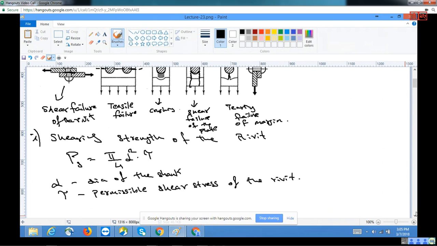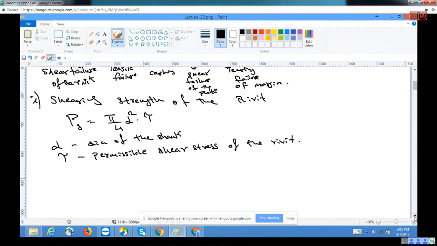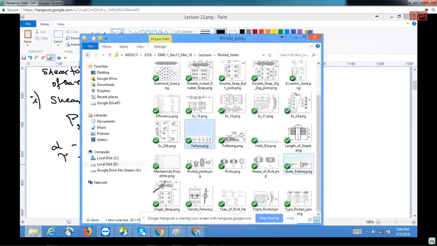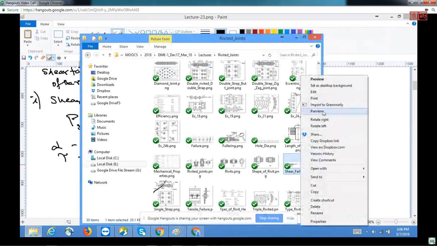Now this is for the general single shear, but there are several kinds of failures. For example, you can have shear failures because of double shear, triple shear, or you can have double strap, as we have seen in the previous class. So based on that, you can have different types of shear failures. Let me show you that.